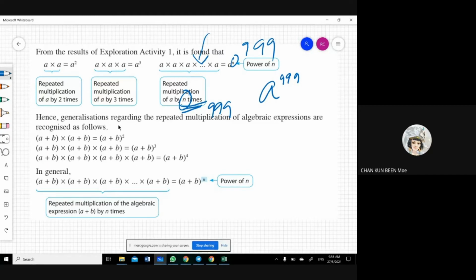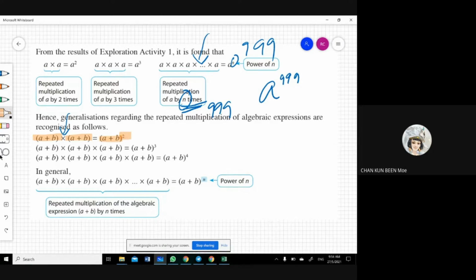So the generalization regarding the repeated multiplication of algebra expression are recognized as follows. So if we have bracket A plus B, times A plus B. Remember, this is a times, the middle part. So it will be A plus B squared.